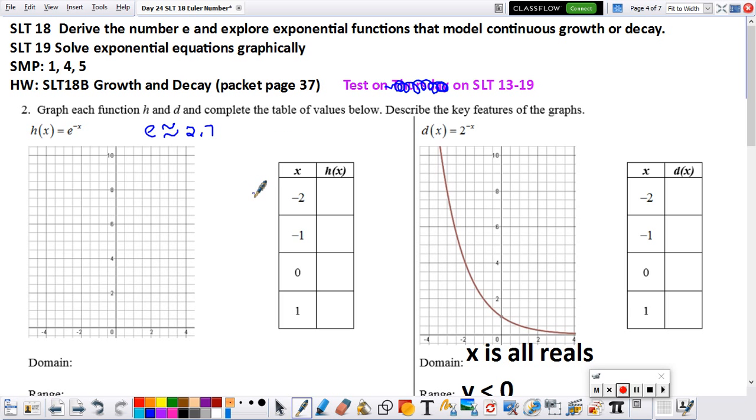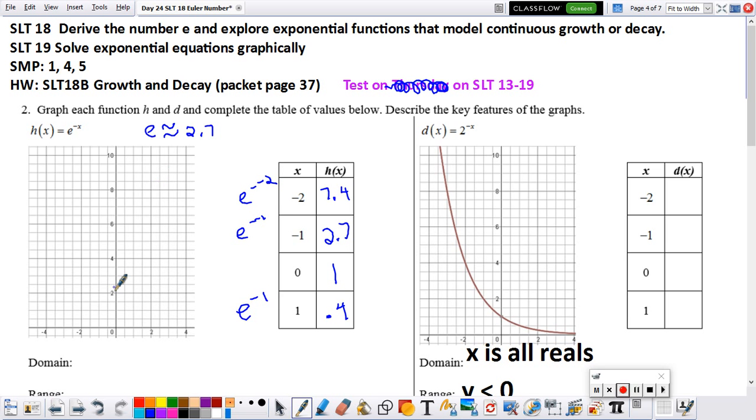If I've got e to the negative 2 from my last page, I remember that that's 7.4. e to the negative 1 is going to just be e. e to the 0 is 1. e to the first, well, e to the negative 1 was 0.4. I'm just remembering these values from the last page.